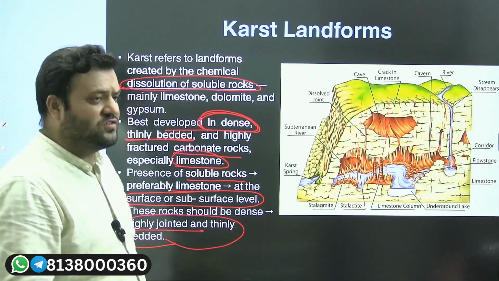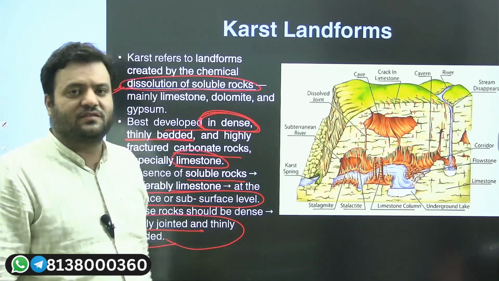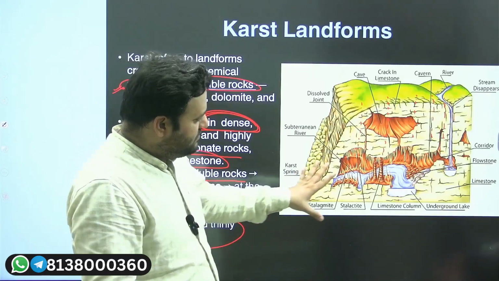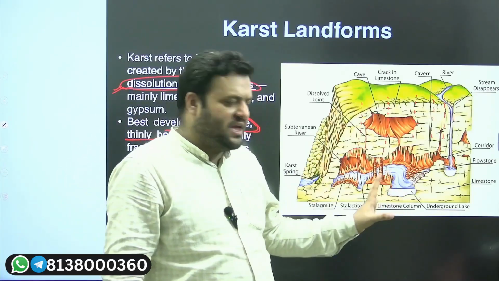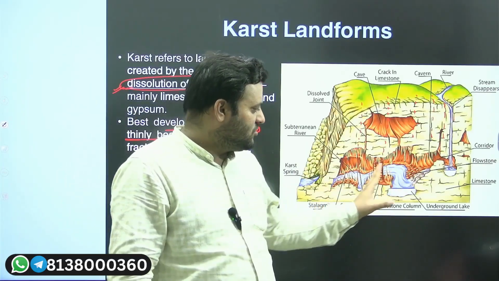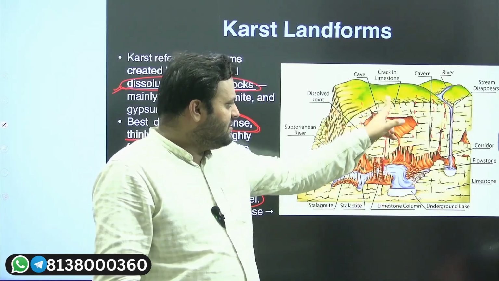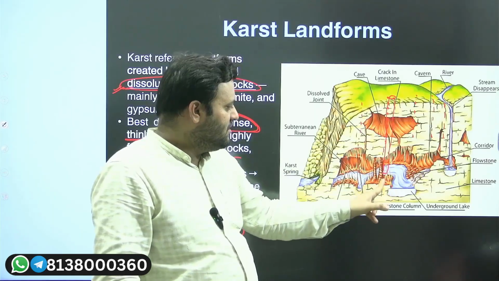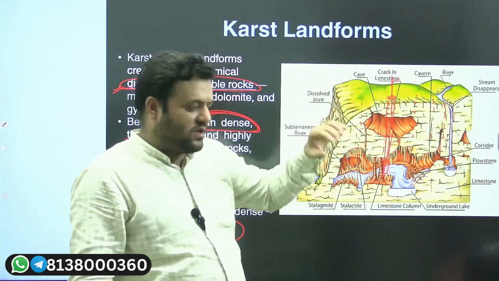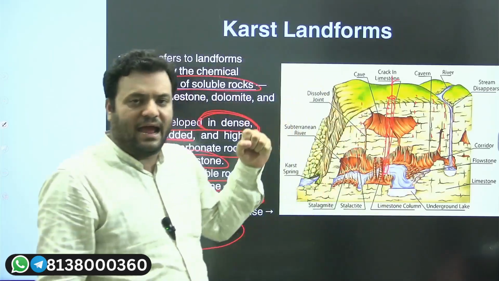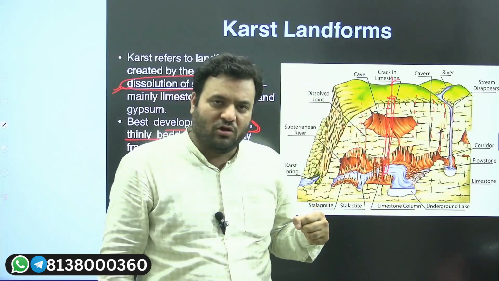Here you can see we will have a formation of caves, and we may have some underground lakes as well. If you put an artesian well or a tube well here, you can get water from here as well. They act like natural reservoirs from which you can fetch water.